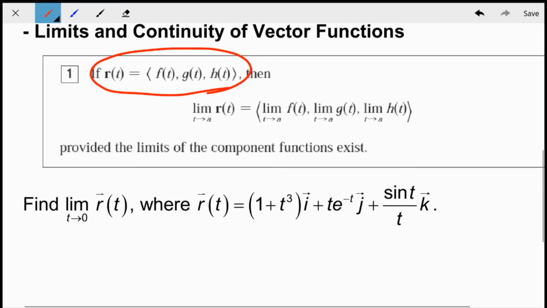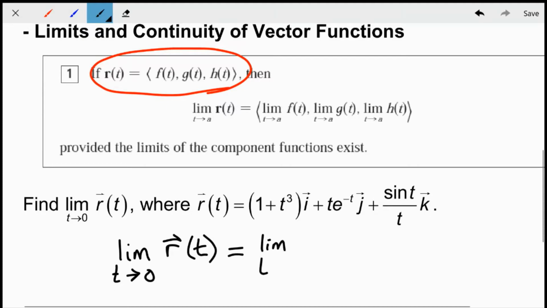Okay, so here's an example of that. Find the limit as t approaches 0, where r of t is equal to (1 plus t cubed) i plus t e to the negative t j plus (sine t over t) k. So essentially, if I want the limit as t approaches 0 of r of t, I'll put this in component form. The limit as t approaches 0 of 1 plus t cubed, and that would be my I component.